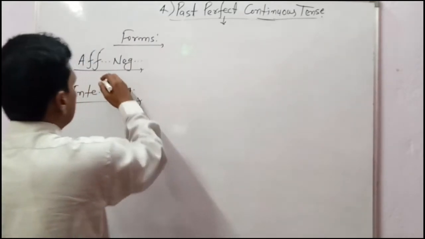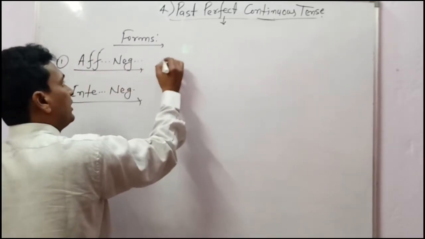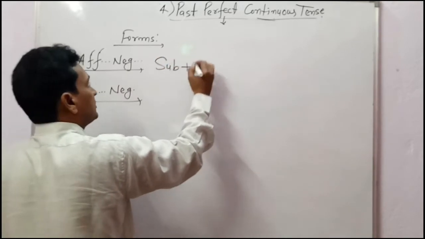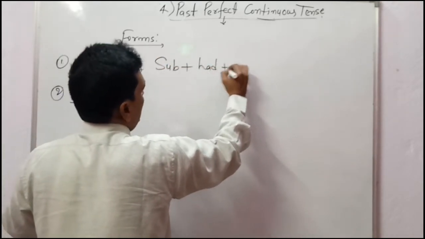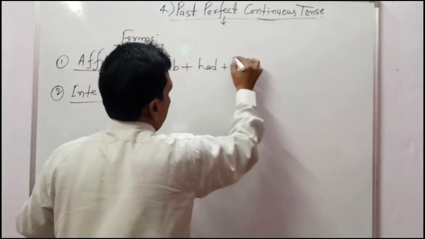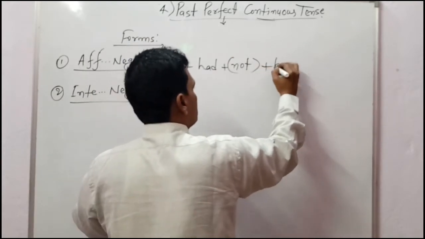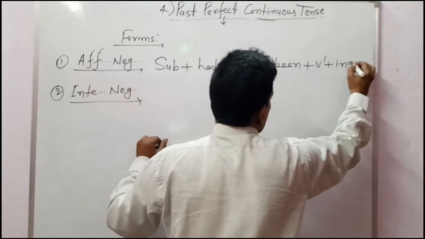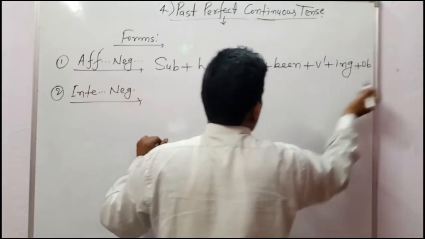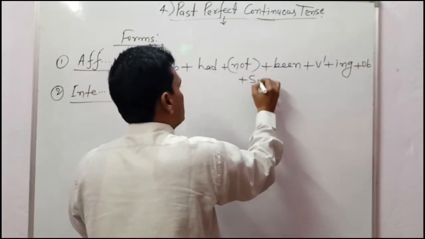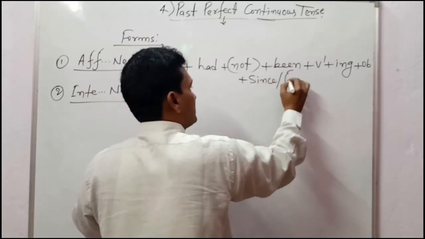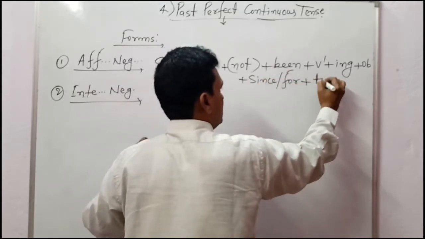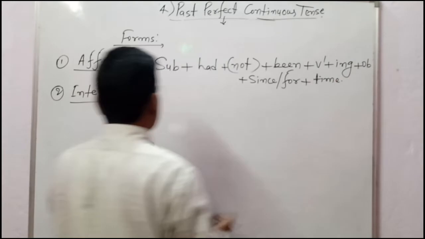So the first formula is affirmative and negative, that is subject plus had plus under bracket not plus been plus v1 plus ing plus object plus since by for plus time, right?